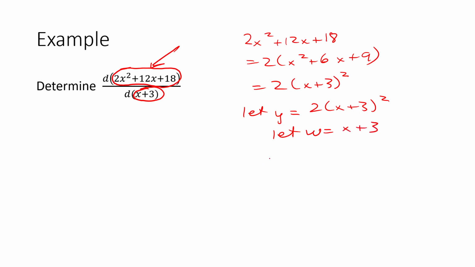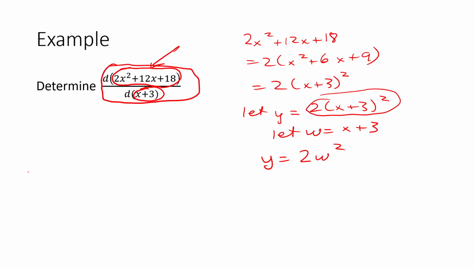If I do that, then that means y is 2w squared. And then it means that this expression here is really the same as dy over dw. Now, if I've got y written in terms of w, then dy over dw is a really simple task.